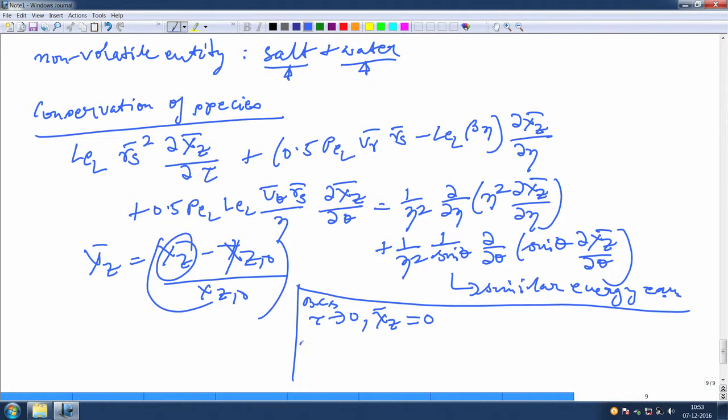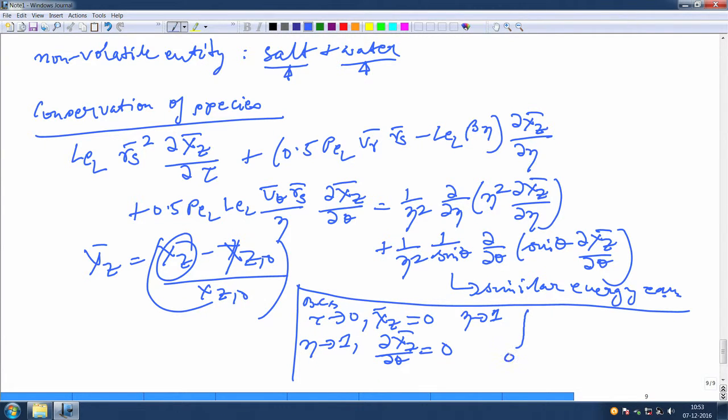When eta approaches 1, d chi z bar by d theta is equal to 0 because there is no azimuthal variation of concentration on the surface. This is once again the same equivalent definition where we said that the surface temperature is constant. Here we say the surface concentration is constant along the surface, but it is varying within the droplet as well as it is varying with time. Make no mistake about that.